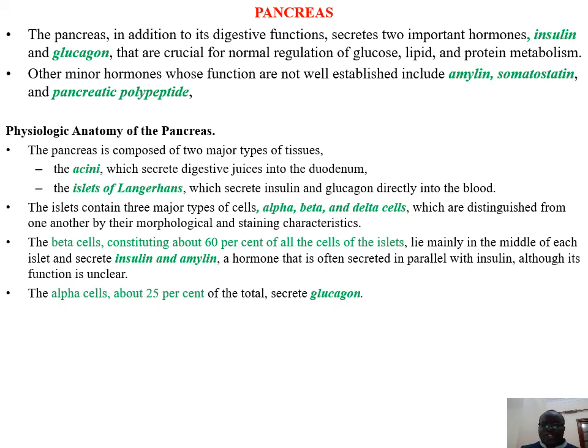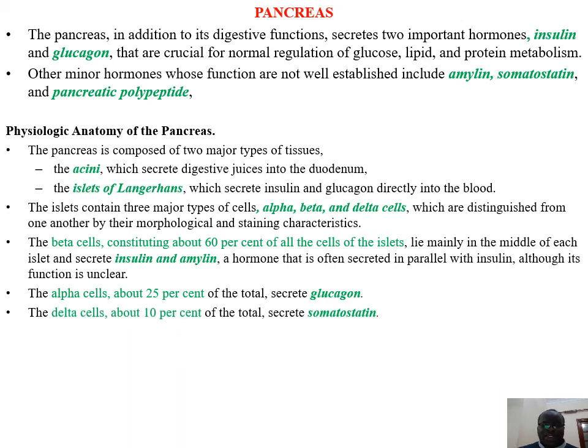Then the alpha cells, about 25% of the total islets of Langerhans, are producing glucagon.